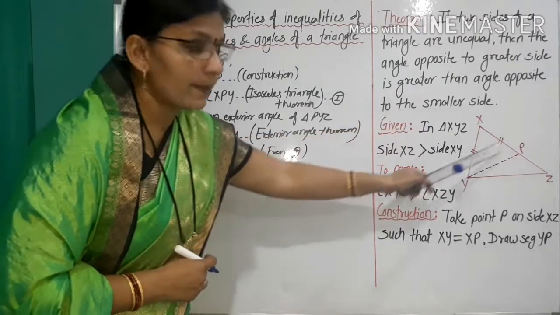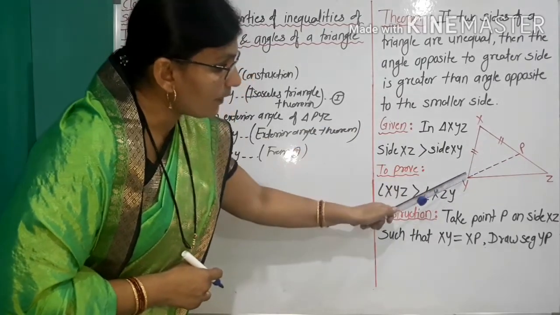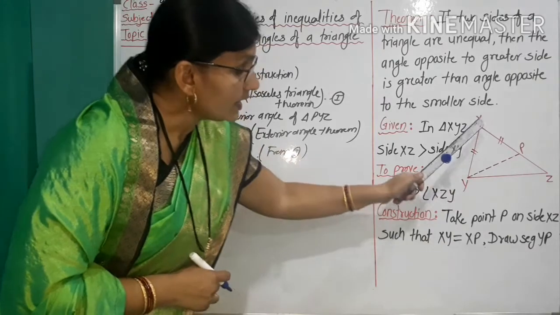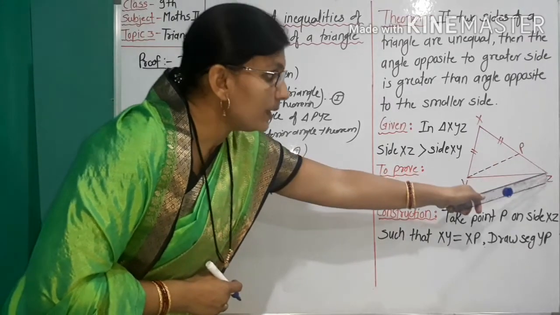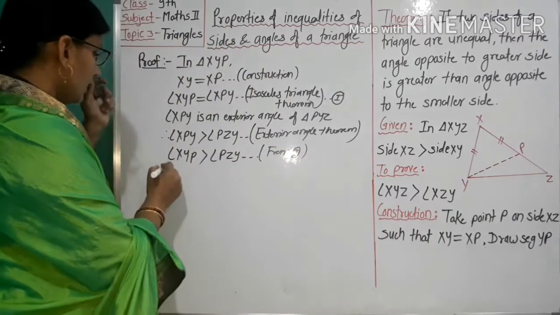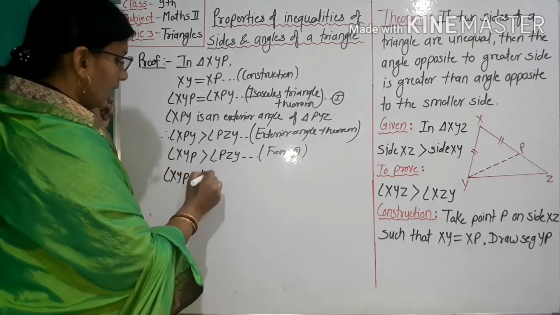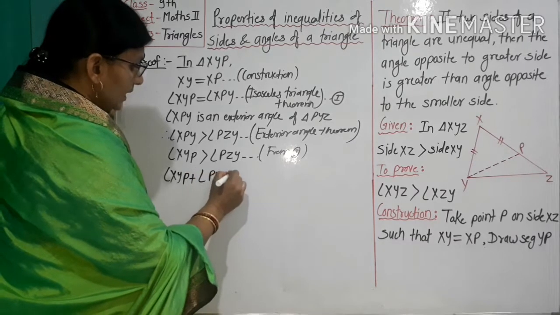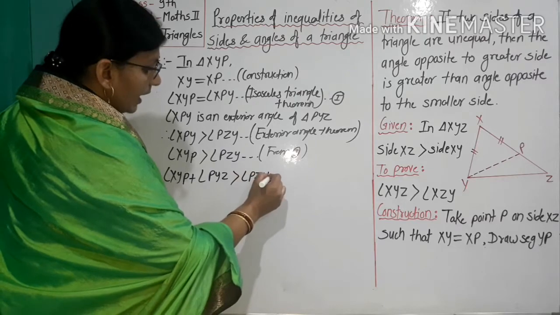To this angle, if we add angle PYZ, then this angle XYZ is also greater than angle PZY. Means angle XYP plus angle PYZ is greater than angle PZY.